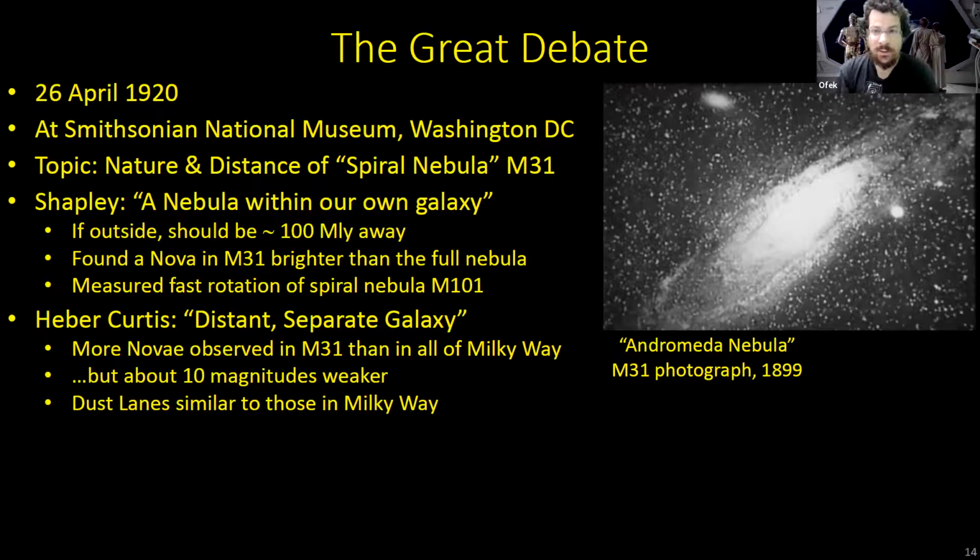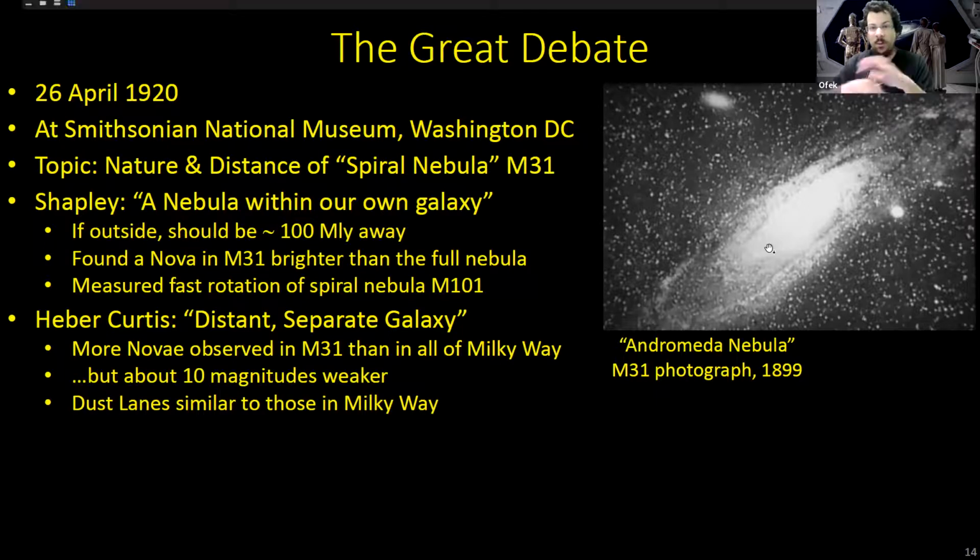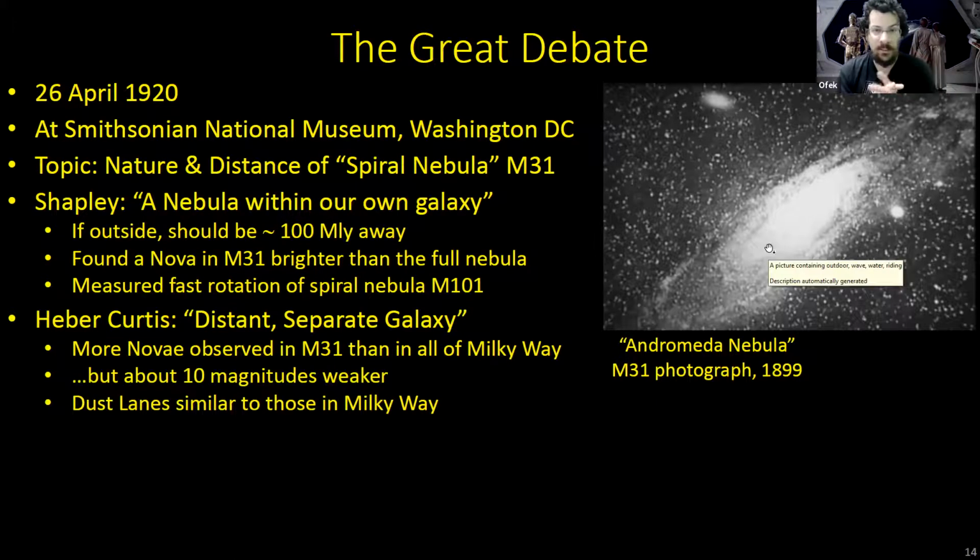So they knew about novae at the time, and a nova was found in M31, which was brighter than the entire nebula. So just a point of light in this nebula, which outshines the entire nebula. And if you consider that this object is 100 million light years away, and that a single star or a single event can outshine the whole thing at that distance, that's very, very strange.